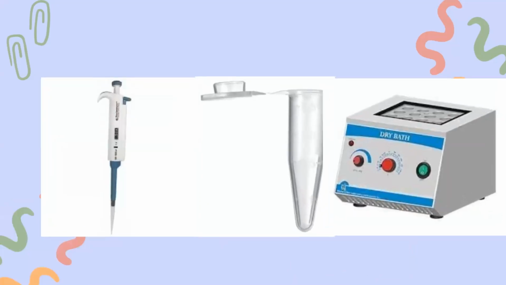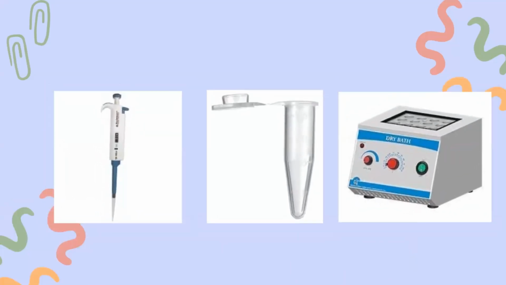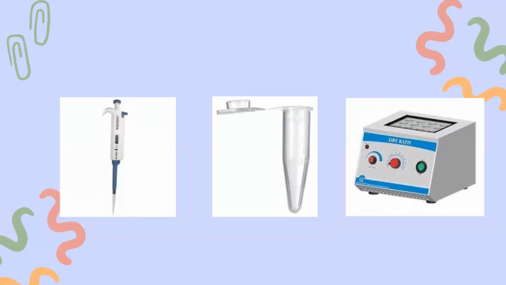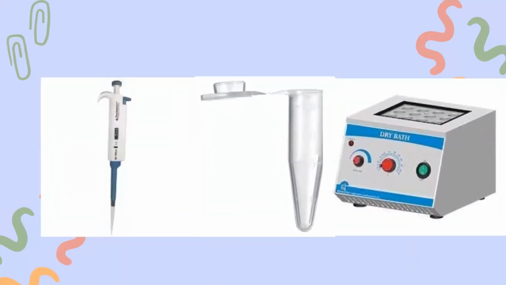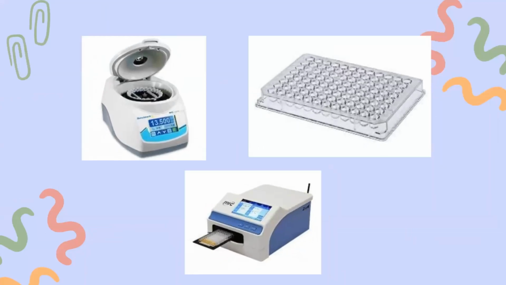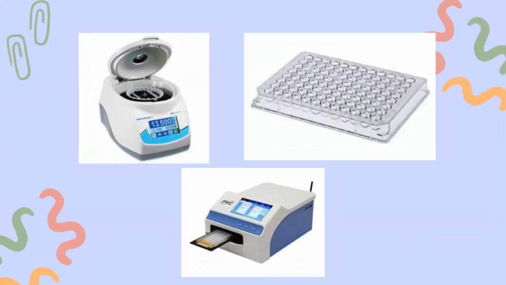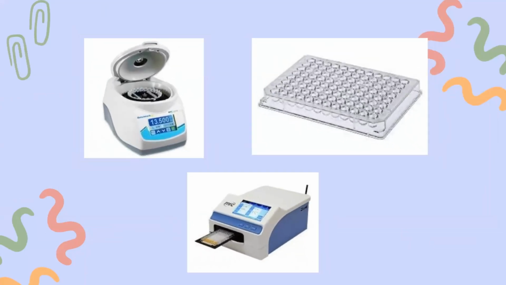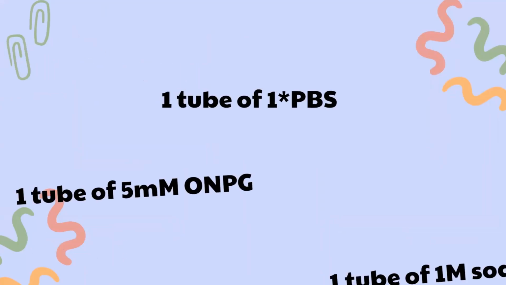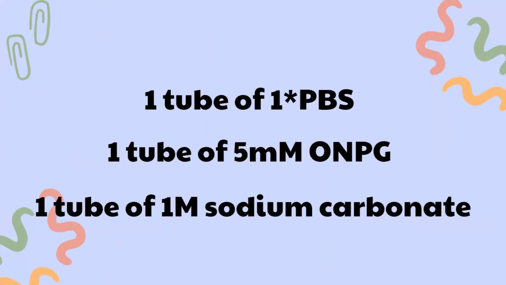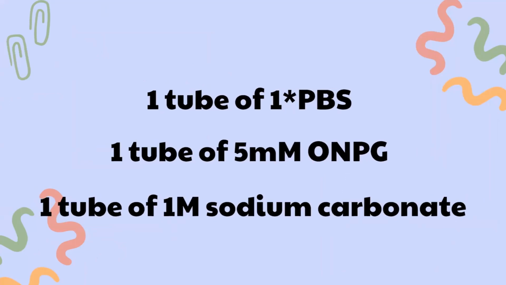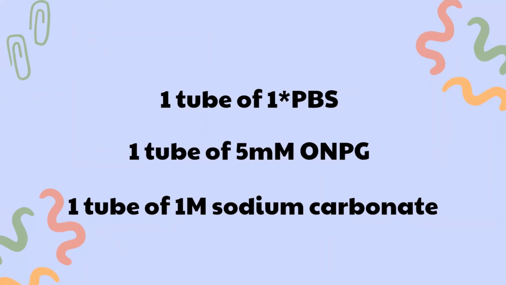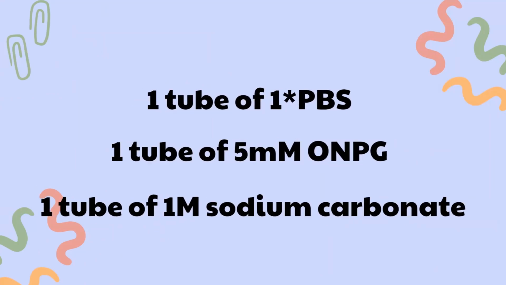Also, the micropipettes, a dry bath at 37 degrees centigrade, and also the microcentrifuge and tubes, a microplate reader, and a 96 well plate will be used. Then we will also use 1 tube of PBS, 1 tube of ONPG, and 1 tube of sodium carbonate.